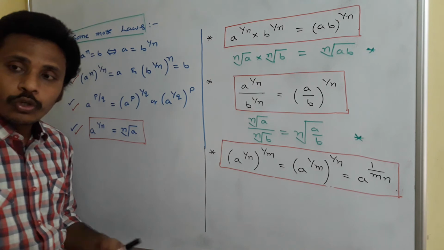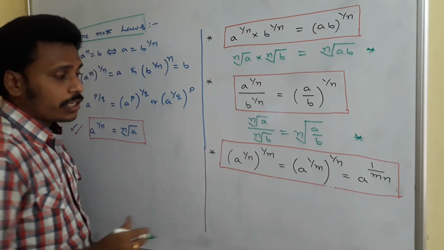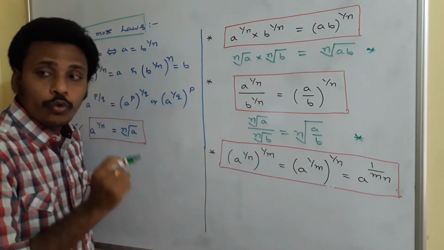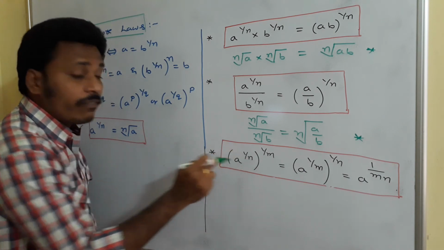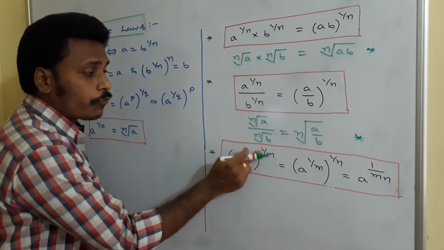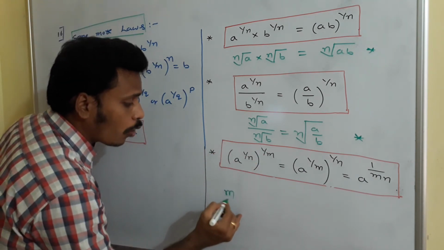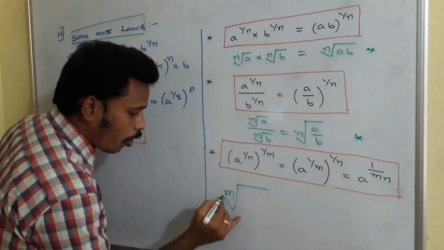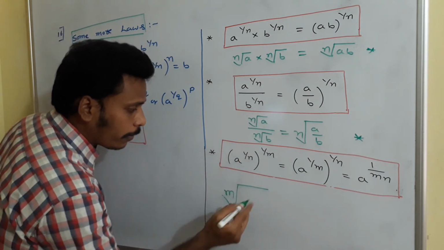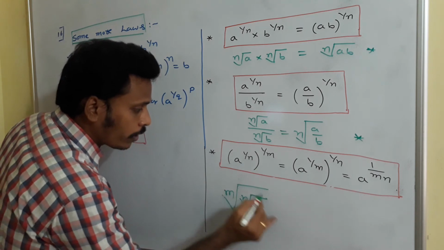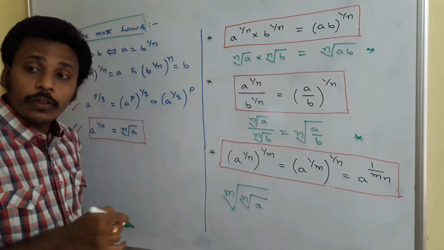In terms of nth roots, if you try very carefully, just observe. 1/m will give you the mth root, and 1/n will give you the nth root. So first of all, you need to write the mth root, because the outer one is 1/m. The mth root of, then the inner one is 1/n, the nth root of a.